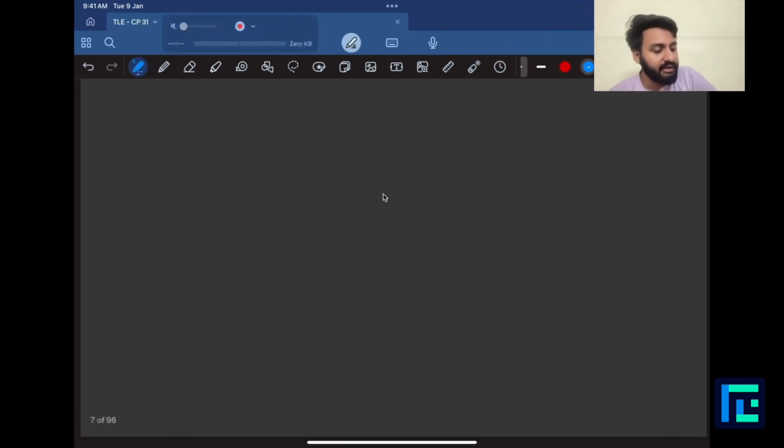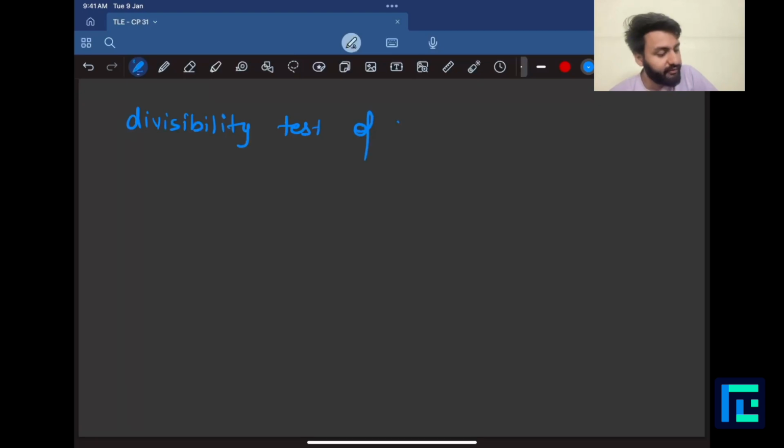If I know the divisibility test of 25, maybe my problem is going to look much easier, right? You can do a quick Google check for this part also, but I'll tell you, the divisibility test of 25 looks something like this.